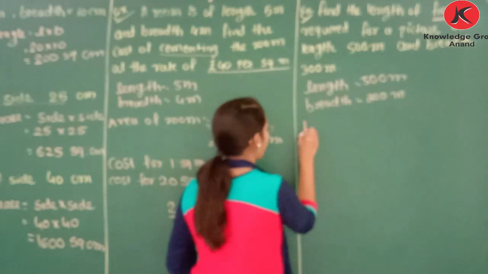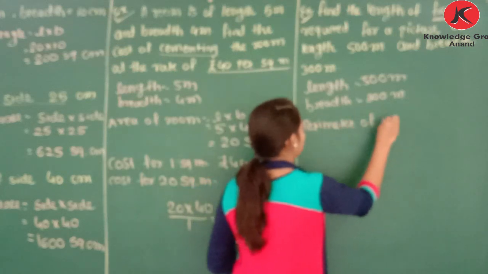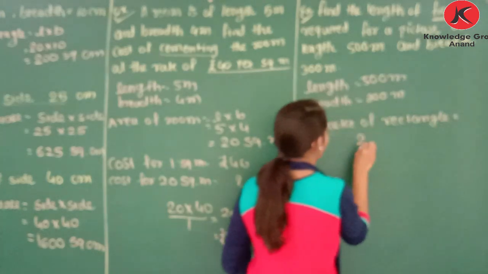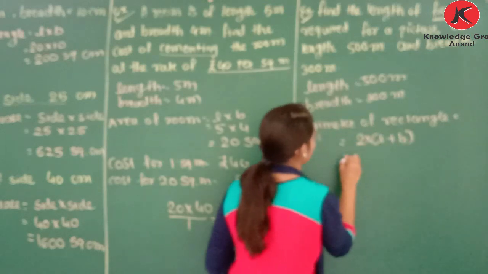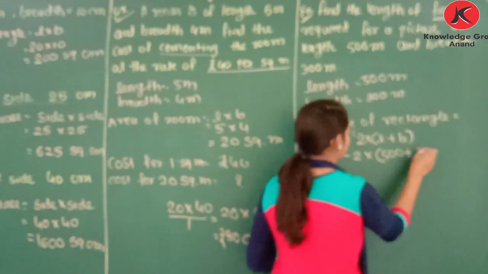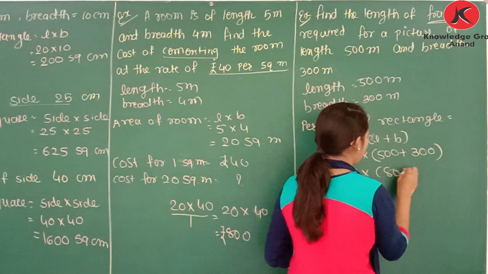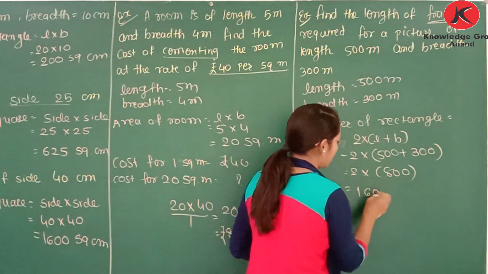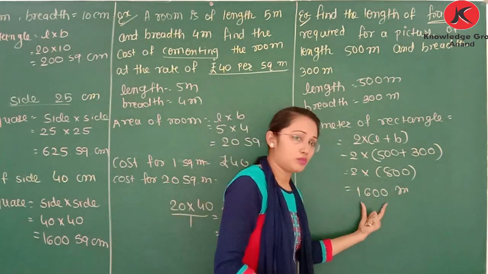So perimeter of rectangle, that is 2 multiply L plus B. 500 plus 300 is 800. 800 is multiplied with 2. 1600 meter. So this is the perimeter of frame.